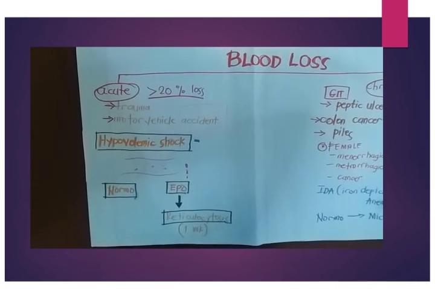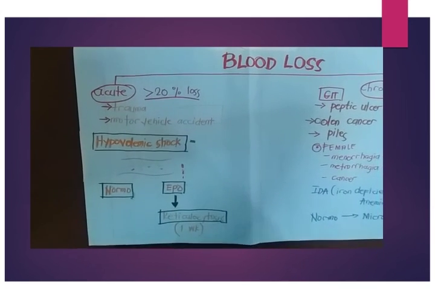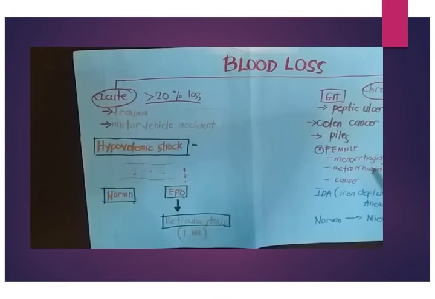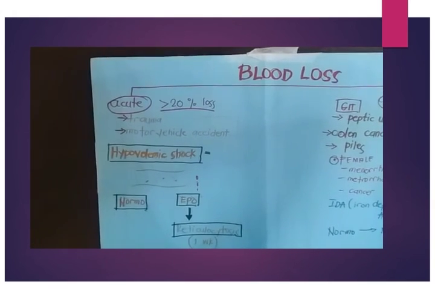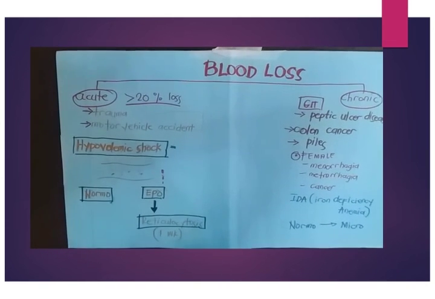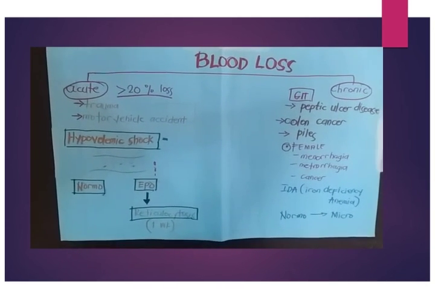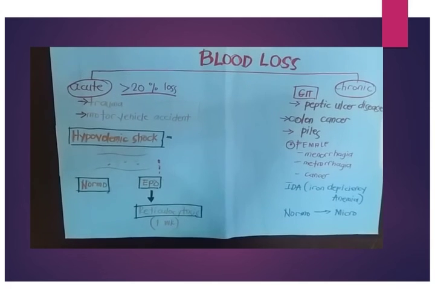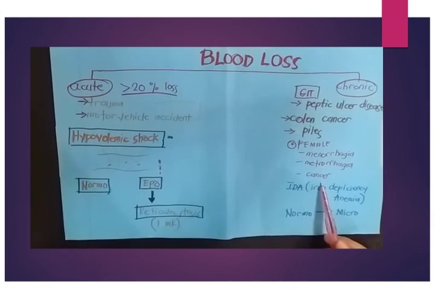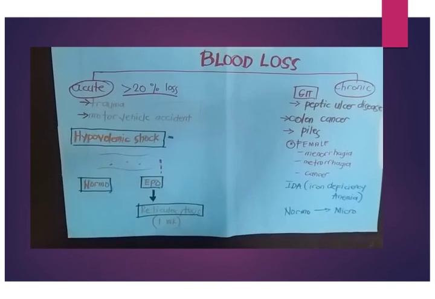The difference between the two is that menorrhagia is heavy bleeding during menstruation, while metrorrhagia is bleeding in between the menses. So metro means inter, or in between menses. And of course, cancer can also lead to bleeding.